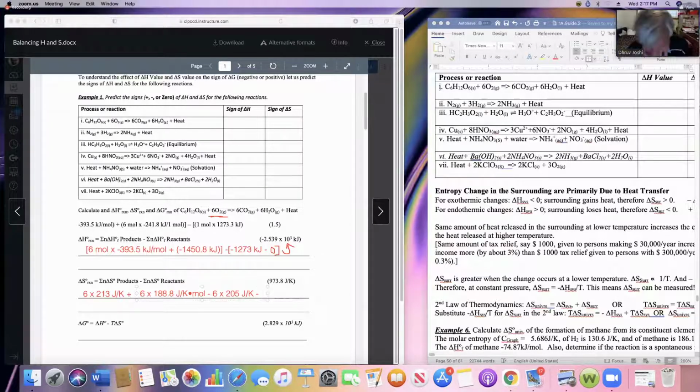Can't hear you. 212, and what are the units? Joules per Kelvin. Very good. We're not going to write that mole right now. And when we add this up, we get this answer, 973.8 joules per Kelvin. No moles here. Moles are all canceled out.